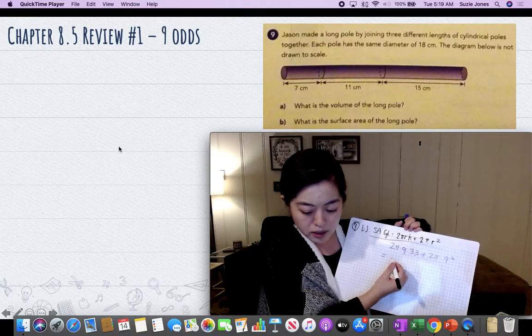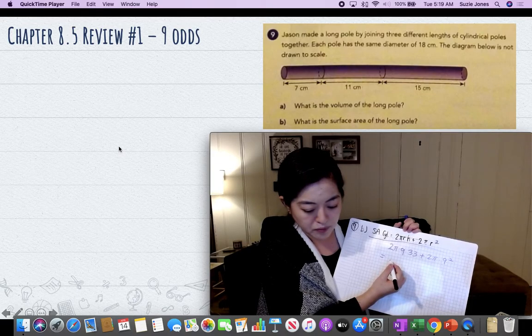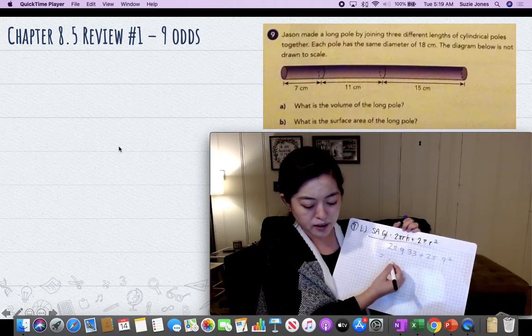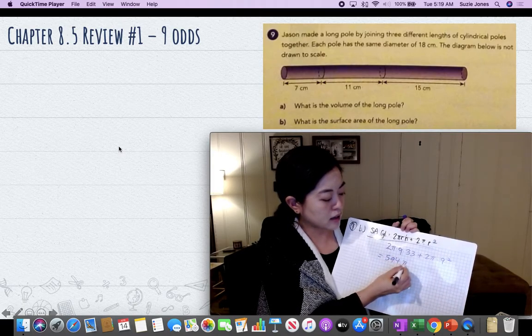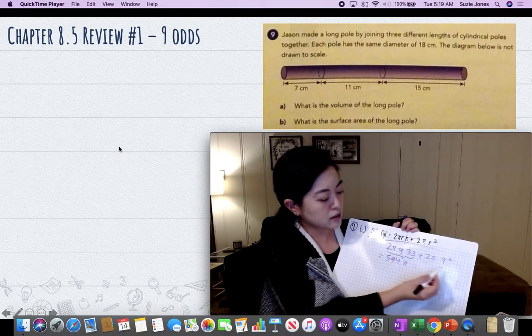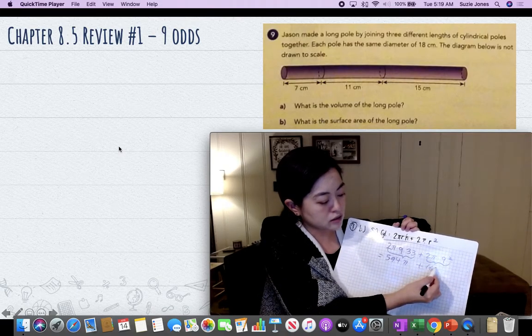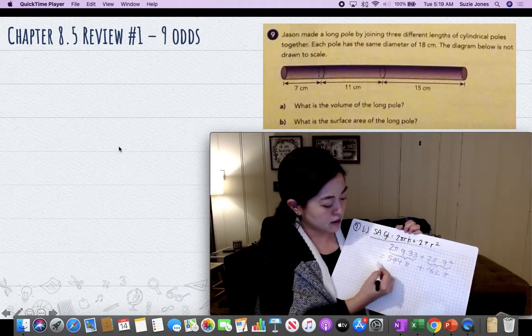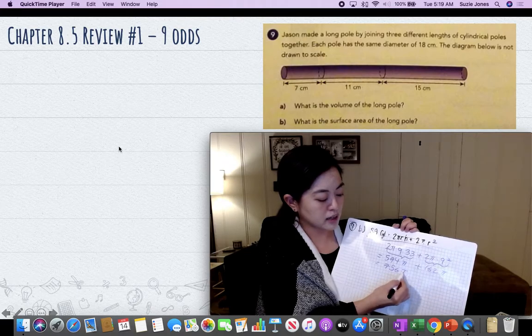And then if you simplify, this will become 594 pi for this value here, plus 162 pi, which will become 756 pi.